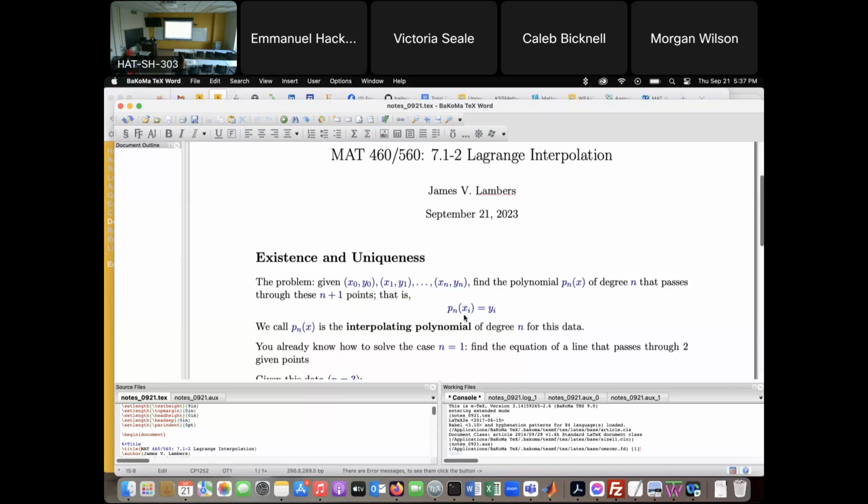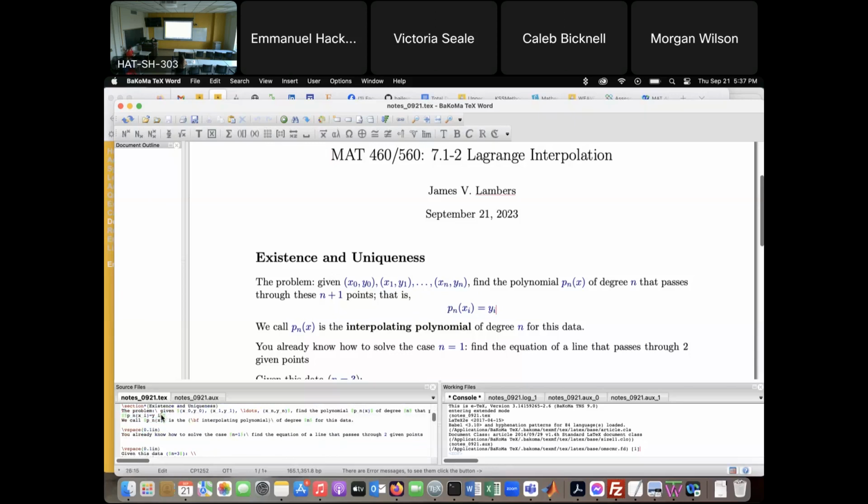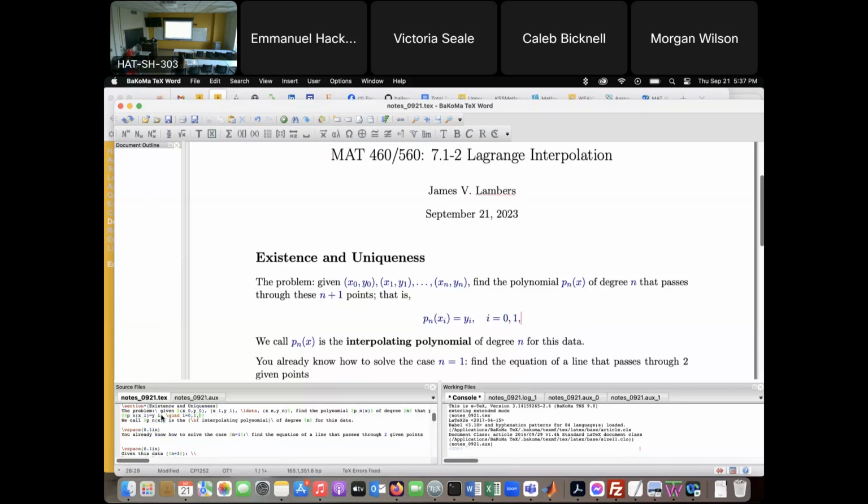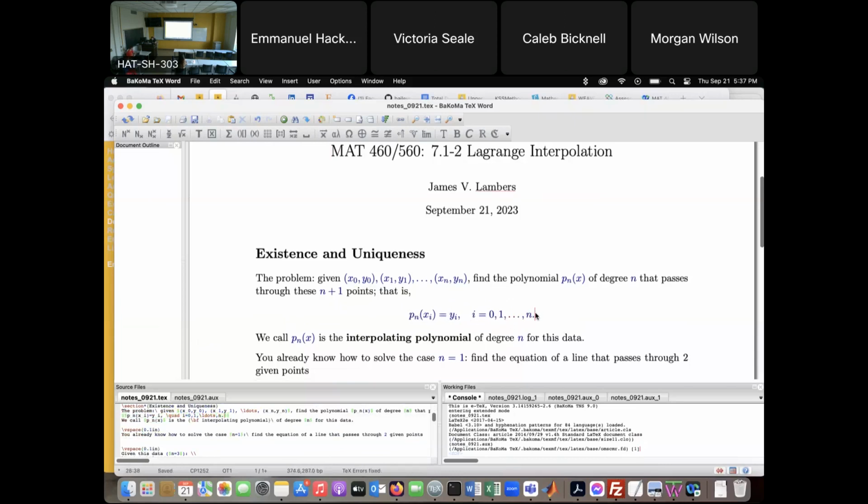The polynomial evaluated at each x value is equal to the corresponding y value. And I need to make it clear that this applies for i going from 0 to n. So n plus 1 conditions in all. So we refer to Pn of x as the interpolating polynomial of degree n for these points.